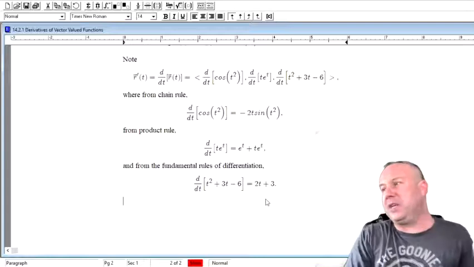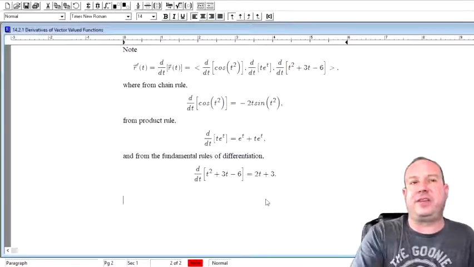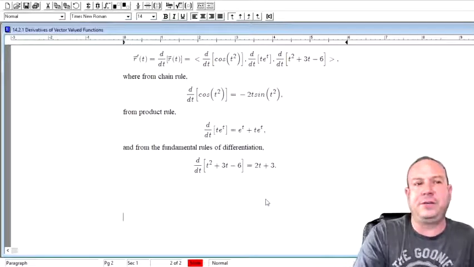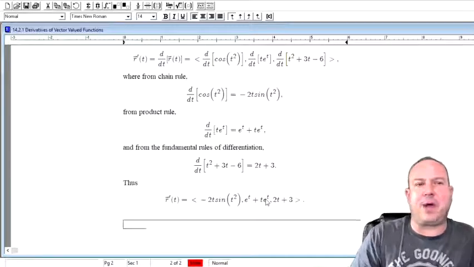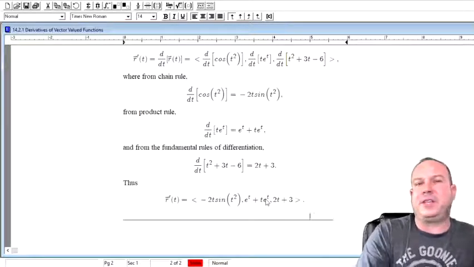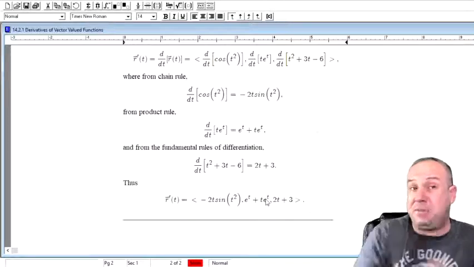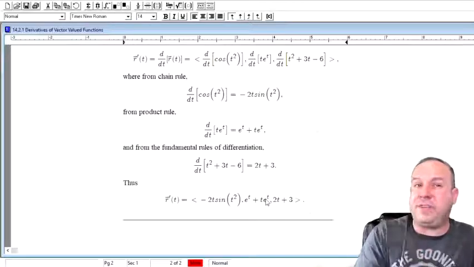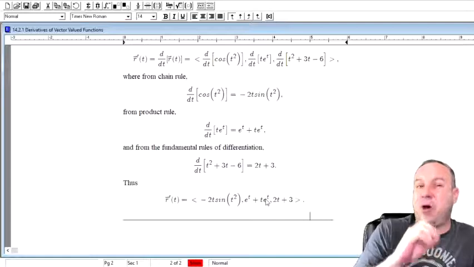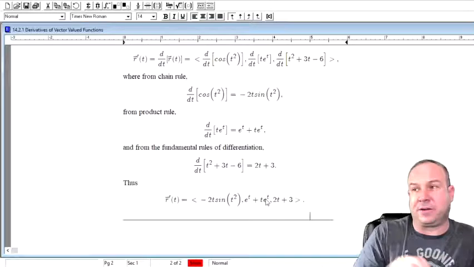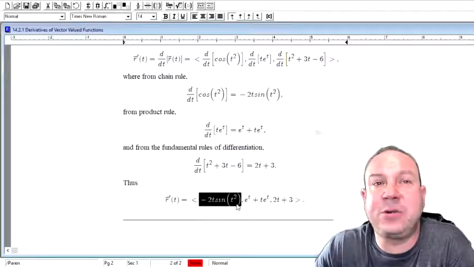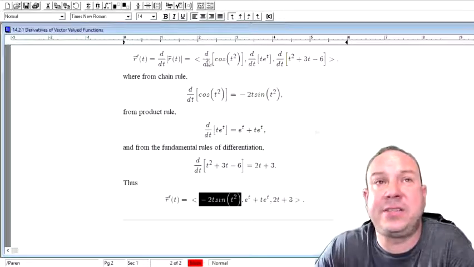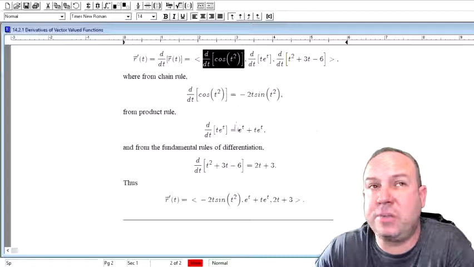So if we go back and assemble all this into the derivative of our vector valued function, we can conclude here. Thus, r bar prime of t is just the vector valued function made up of those derivatives as the components of the vector function. Negative 2t sine of t squared is the derivative of the first component of r bar.